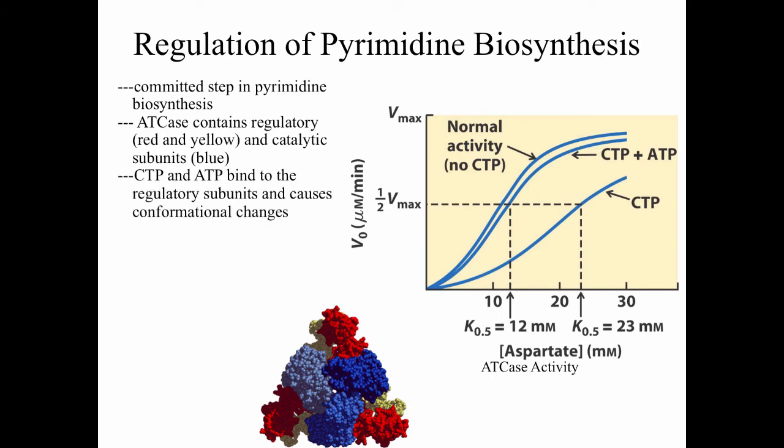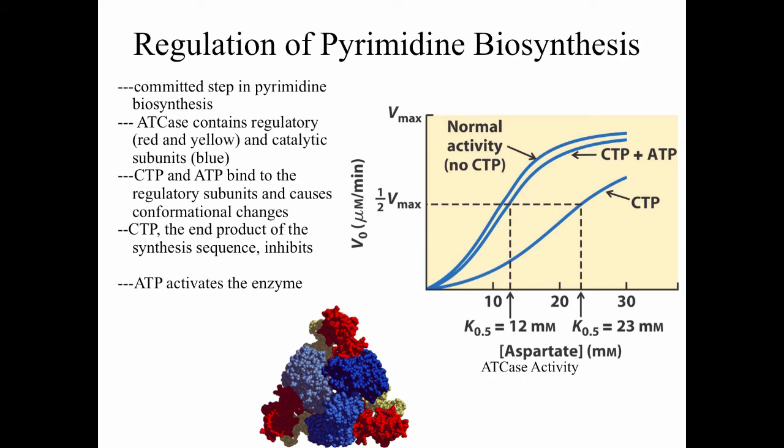Both CTP and ATP can bind to the regulatory subunit and cause a conformational change, which then affects the activity of the enzyme. CTP, which is the end product of the sequence, is going to inhibit the enzyme, so it's going to essentially slow down the reaction. And then ATP actually activates the enzyme.